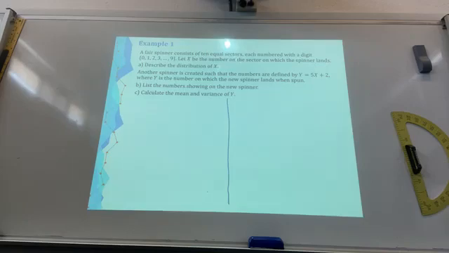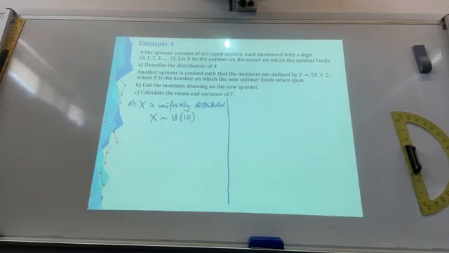It says that there's a fair spinner. So if it's a fair spinner, the probability of it landing on 0 will be 1 over 10, landing on 1 would be 1 over 10, and so on and so forth, right? So therefore, you know that x is uniformly distributed.